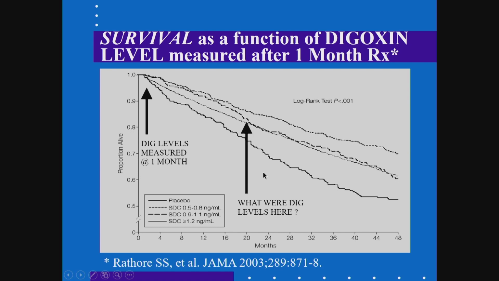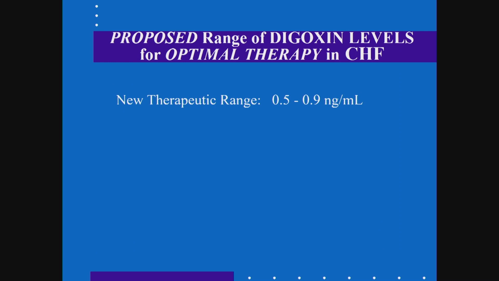So, of course, the question is, what were the digoxin levels well into the trial? We don't have that data, but based on this survival analysis for the use of digoxin in patients with congestive heart failure, there is a new therapeutic range that has been proposed, namely 0.5 to 0.9 nanograms per ml, much lower than what was usual in clinical practice.